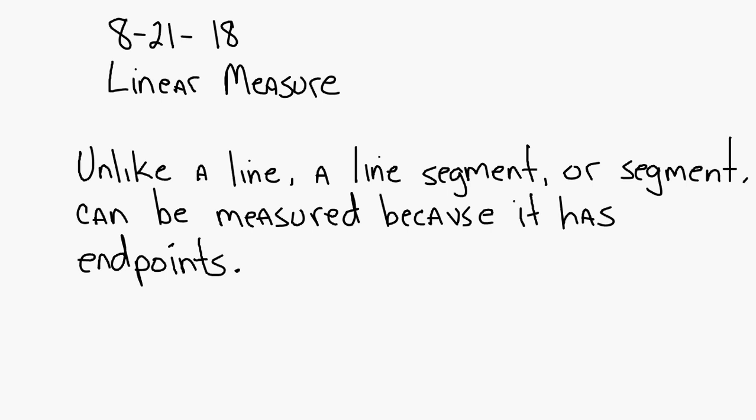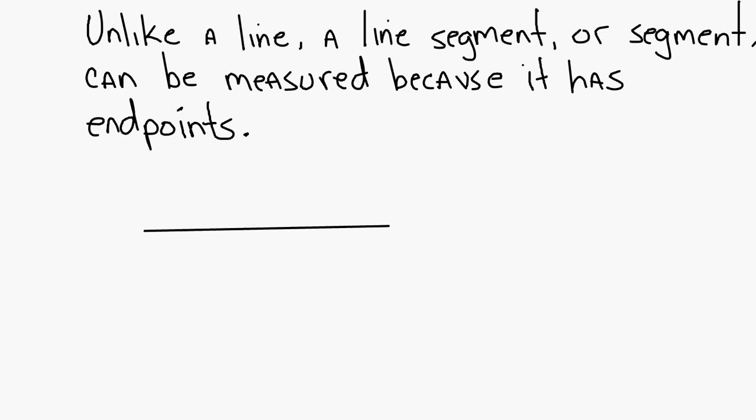And in example 1 and 2, you're just going to be measuring segments, but they're going to give you the measuring device. So example 1A looks something like this. We've got centimeters here.